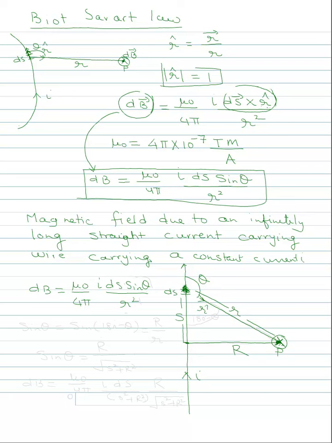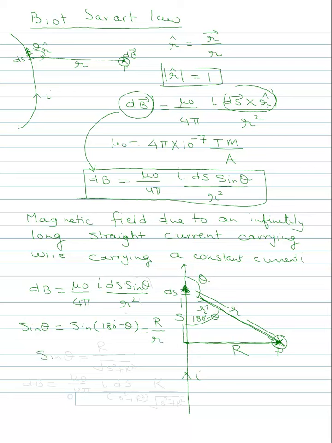Now the question is, what is sine theta? Well, if this is theta, notice that this angle here, since this whole thing is 180 degrees, will be 180 degrees minus theta. And notice that sine theta from trigonometric identity is the same as sine of 180 degrees minus theta, which from this right angle triangle will just be equal to r divided by little r.